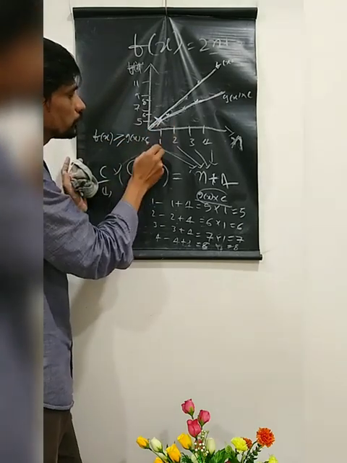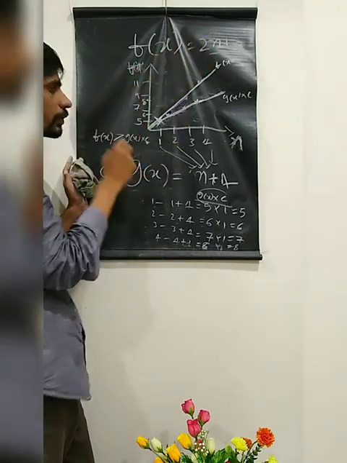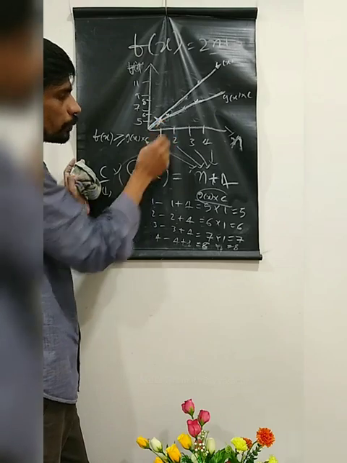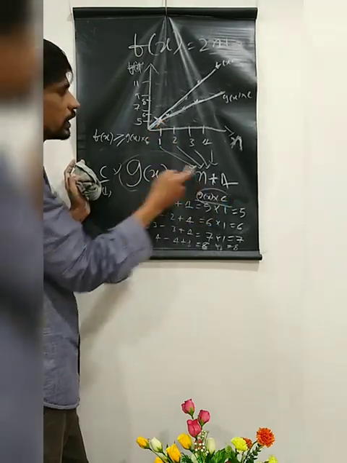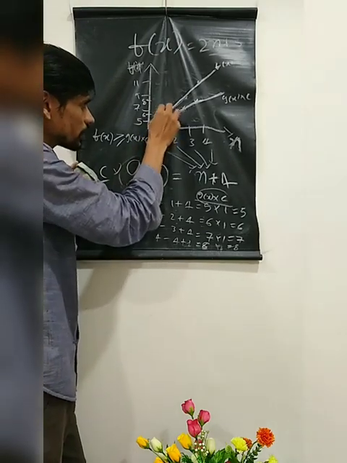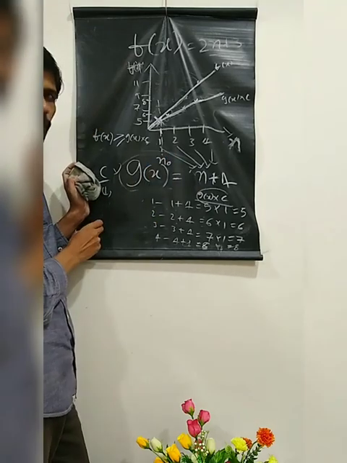So if you observe, for 1, when I pass 1 value for my f of x, what is my output? 5. If I pass n value for my g of x multiplied by c, I get the same value. So this thing we will call n0.